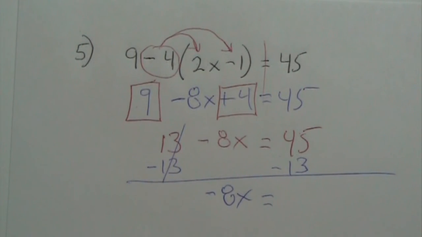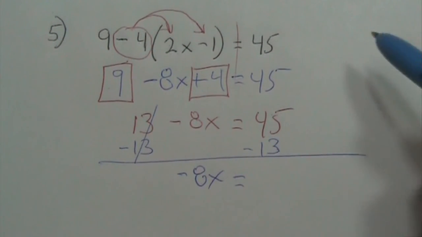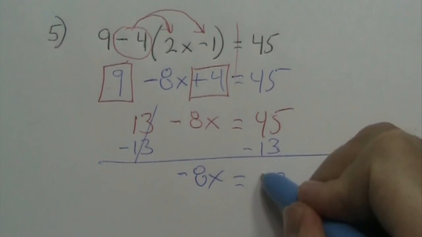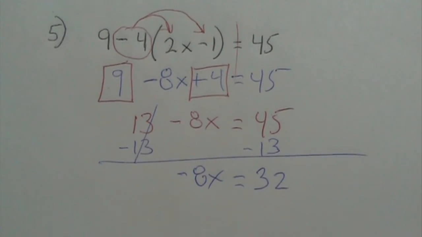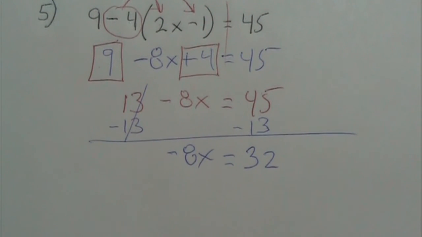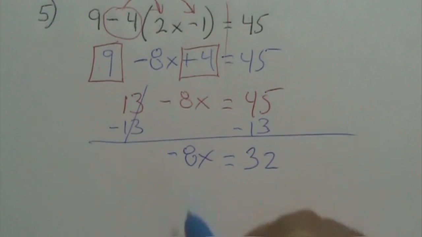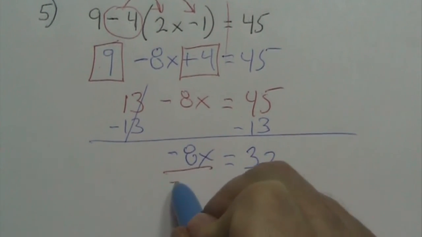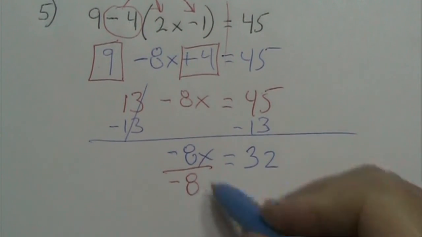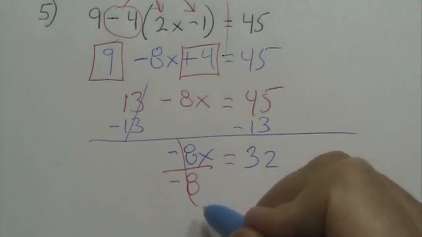45 minus 13. Okay, if you can't tell your answer, go to the next step. Get rid of the coefficient. To get rid of that, to make that a 1, divide by the same number. See, that's 1.